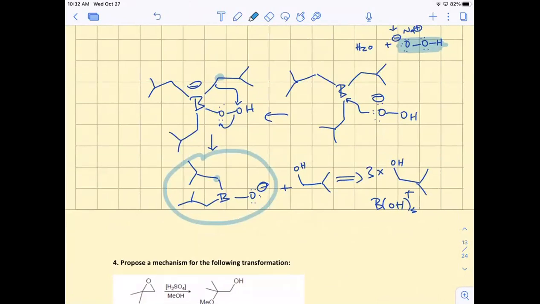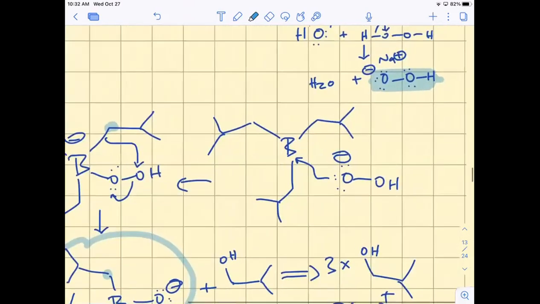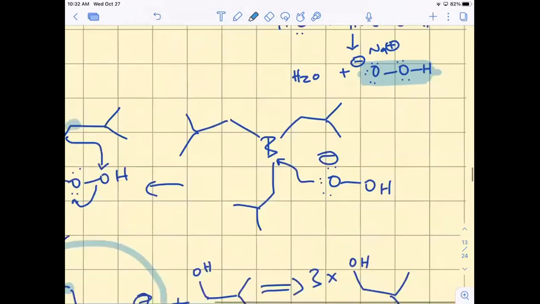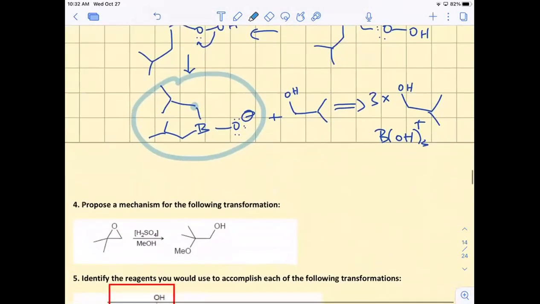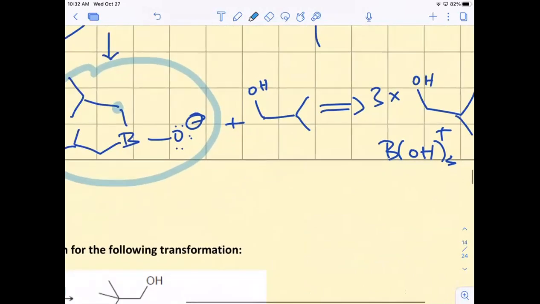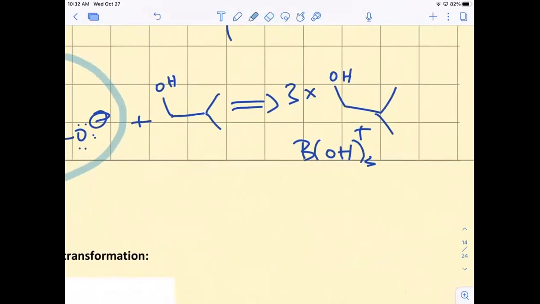And then the boron is going to end up as BOH, right? Because you got water in here too. So that's where you can do proton transfer from water to protonate that. So it'll be that plus B(OH)3. And that happens multiple times.